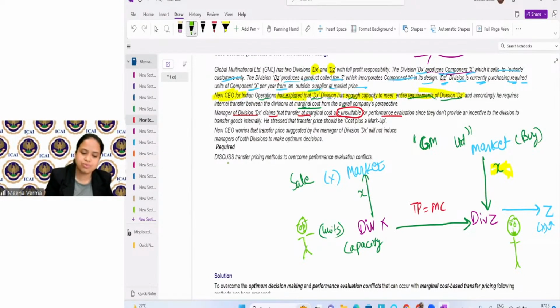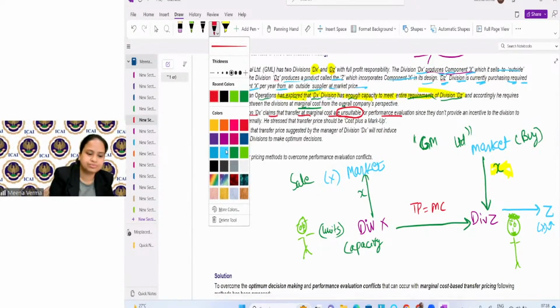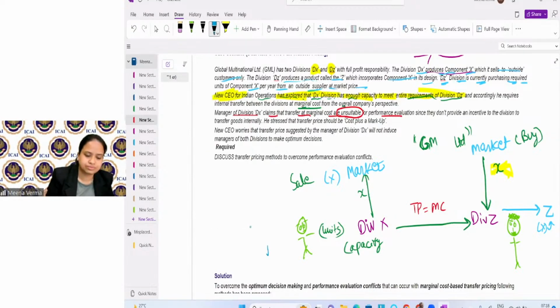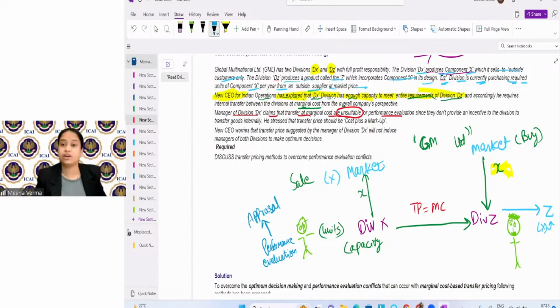On the basis of performance evaluation, they will get appraisals, based on how well they are performing.